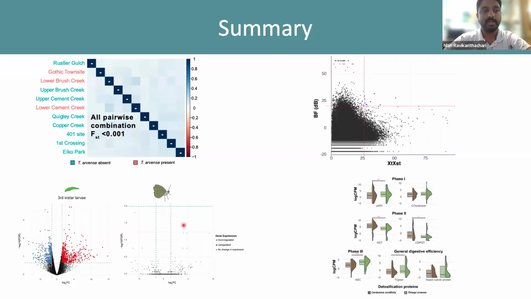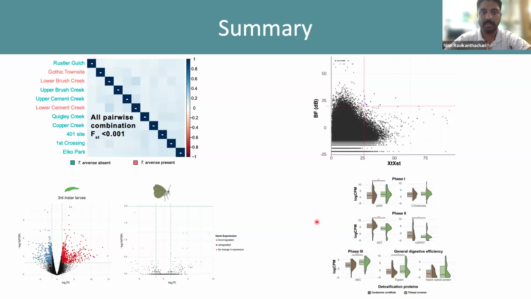We found differences in gene expression only in the larval profiles, but not in the female oviposition behaviors. And when we looked at what these expression profiles reveal, we found that the larvae were unable to effectively use the nitrile specifier proteins, the phase 2 enzymes, to detoxify the chemical compounds present in the invasive plant.